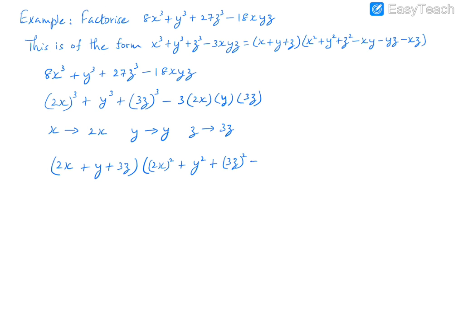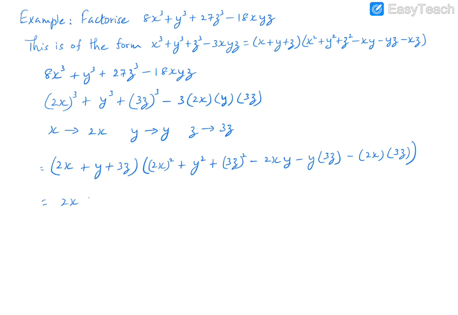So minus, in place of x we have 2x and y is y, minus y into z. So in place of y is y and z is 3z, minus x into z. In place of x we have 2x and in place of z we have 3z, and you just need to simplify that.